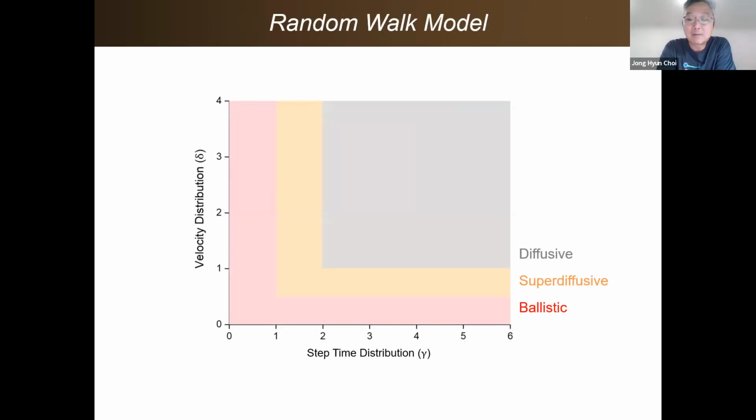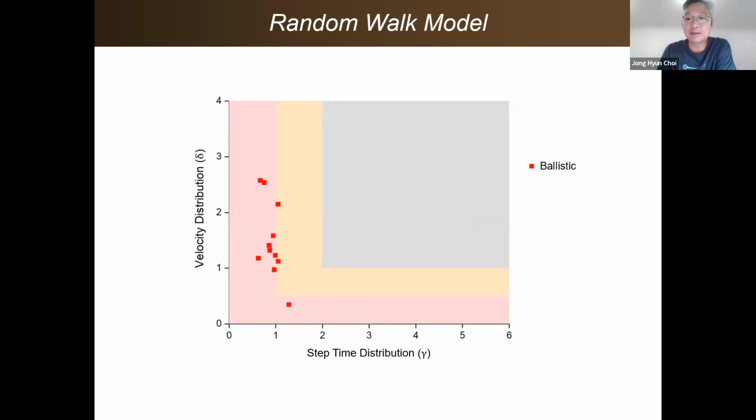In the plot from our random walk model, the y-axis is velocity distributions and the x-axis is step time distributions. Pink describes the theoretical ballistic, and orange the super diffusive. Super diffusive includes Lévy flight as well as self-avoiding motions, and gray shows the diffusive motions.